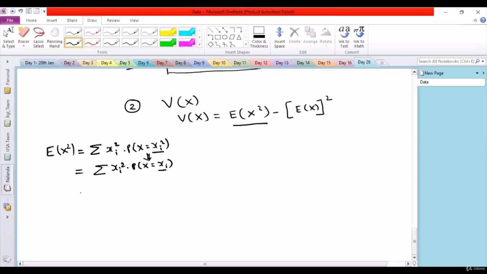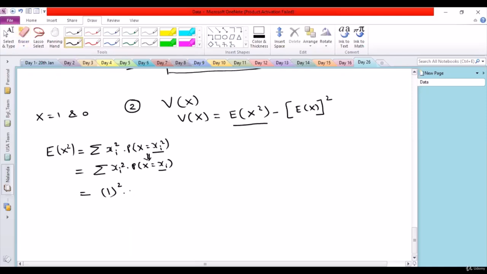Now xi square. What are the x values we have? 1 and 0. So 1 square, this becomes 1 times P. Sorry, let me remove this so that there is no confusion.